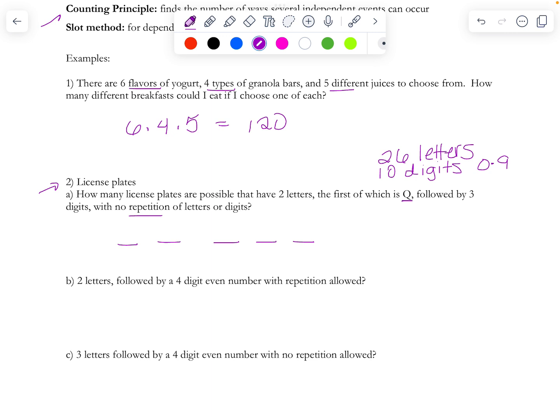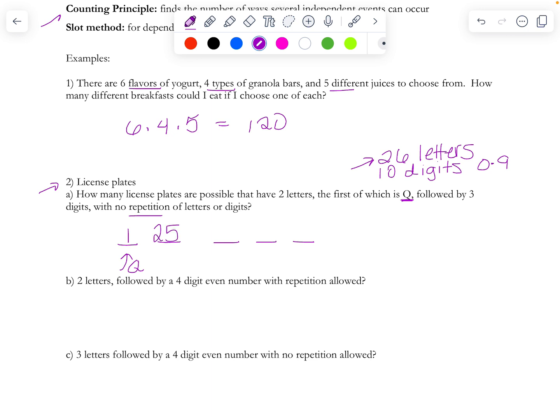If the first letter has to be a Q, then for this first spot I only have one choice. It has to be a Q. Now my second spot, it says no repetition. That means I used one letter from the alphabet, so I have only 25 letters left.